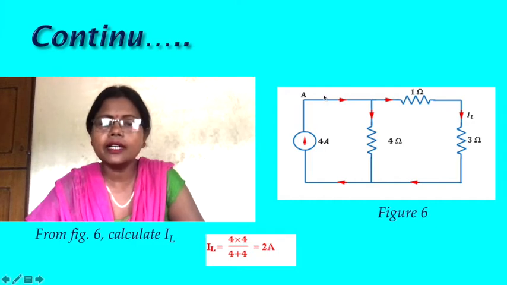Using the current divider rule, IL equals total current 4 ampere into resistance 4 ohm divided by 4 ohm plus 4 ohm, equal to 2 ampere. So finally we are getting the load current 2 ampere.